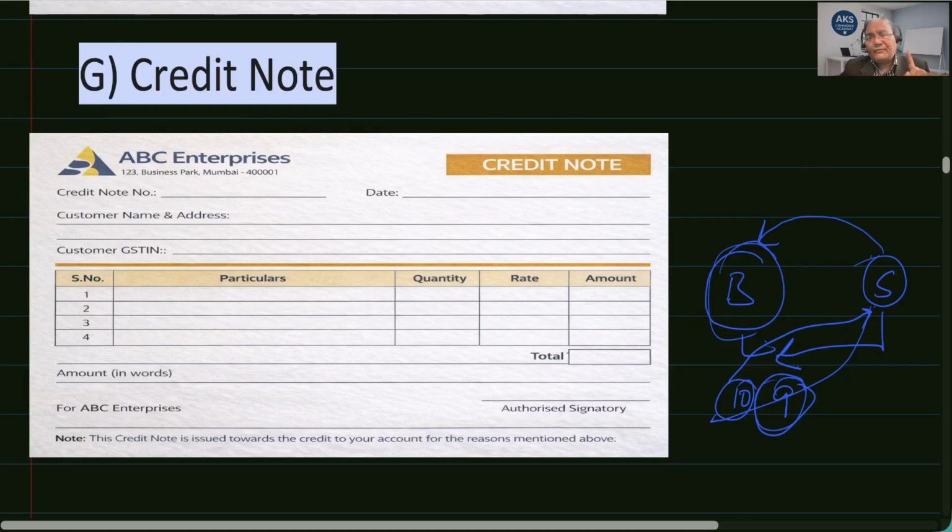So one book's value is credited in the books of the seller's account, and the buyer accordingly enters it in his books. So a credit note means this much credit is given to the buyer, issued by the supplier. This indicates that credit to that extent has been given in the books of account, because instead of 10 books, only 9 books have been dispatched. All right, so this is a credit note which is issued.